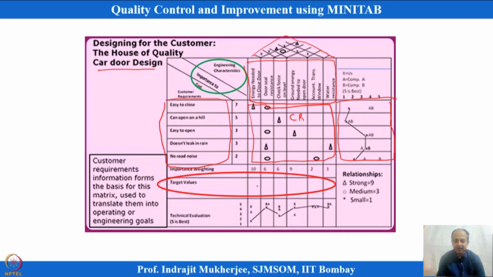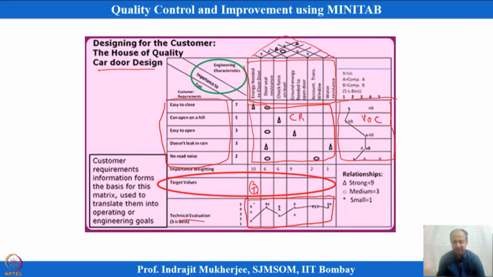And here we will have targets for each of the CTQs. Target values will be set and shown over here, and the technical evaluation will be in this box, where we stand as compared to others on the CTQs. So, this matrix will say in terms of voice of the customer where we stand.